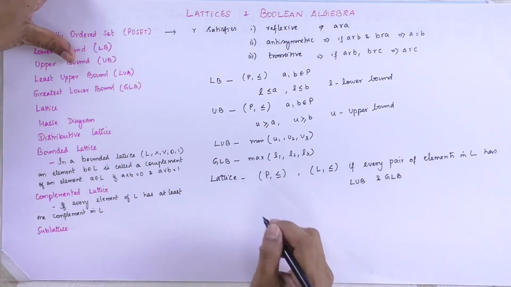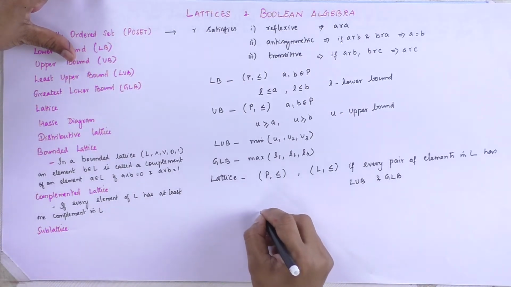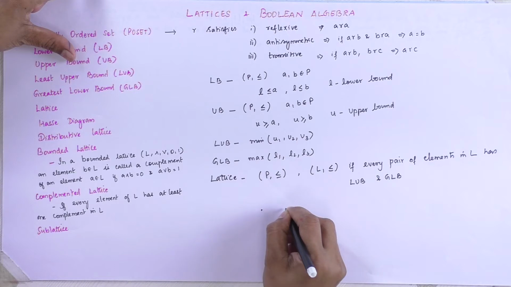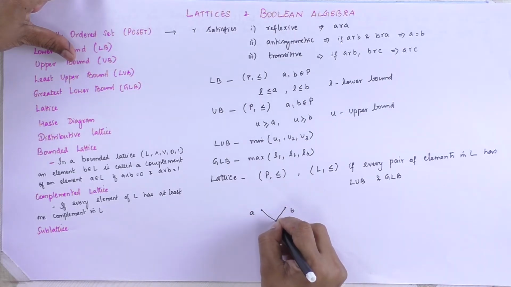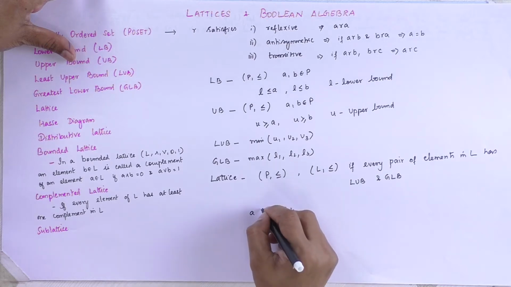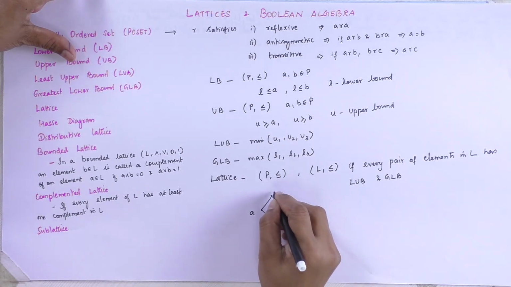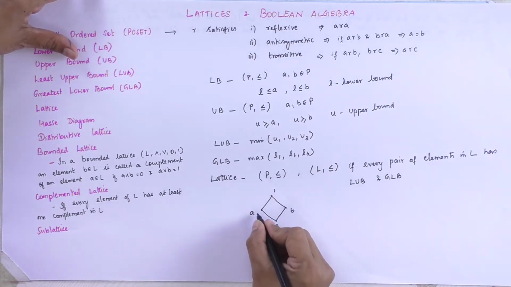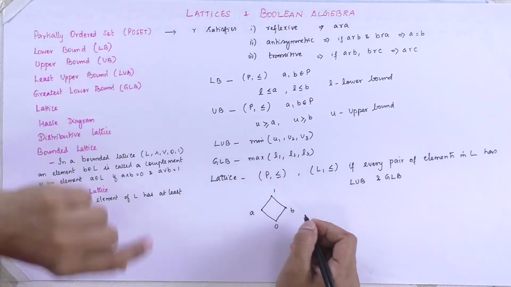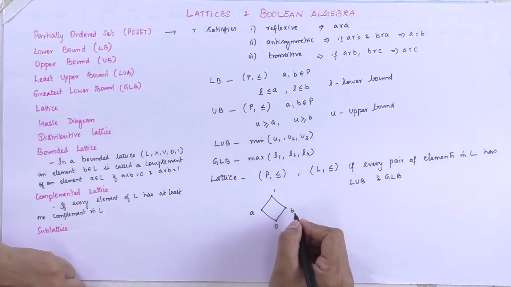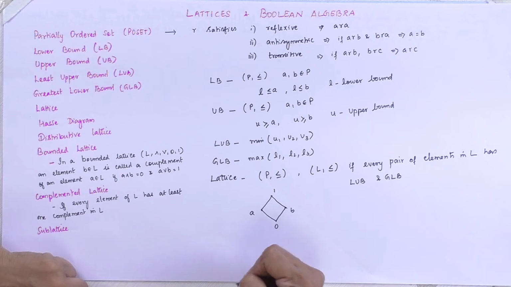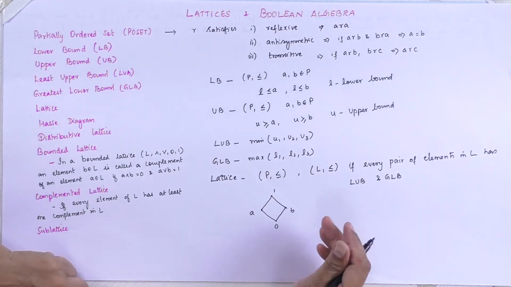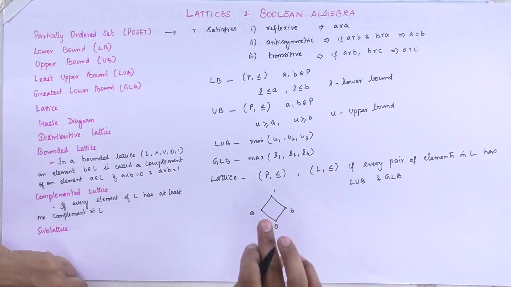Suppose, for example, I have two elements A, B, and let this be 0 and this be 1. See here, I have two elements A, B. So this pair should have a least upper bound as well as a greatest lower bound. Then only it is said to be a lattice.